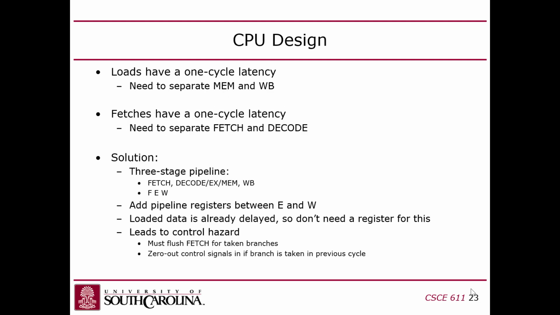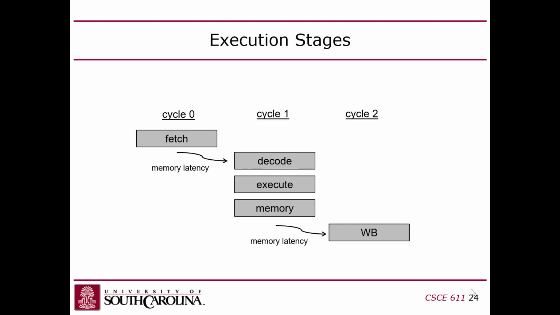So we will just create a pipelined processor where you fetch in the first cycle, you do decode, execute, and memory in the second cycle, and then in the third cycle we'll write back.